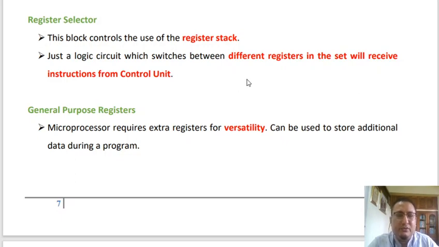So it is a logical circuit which switches between different registers in the set while it receives instruction from the control unit. Whenever an instruction is getting executed, and if the instruction makes use of a certain register, then the signal is sent to the register selector for enabling the selection of the particular register.